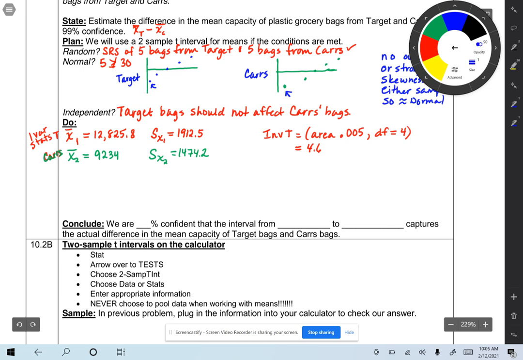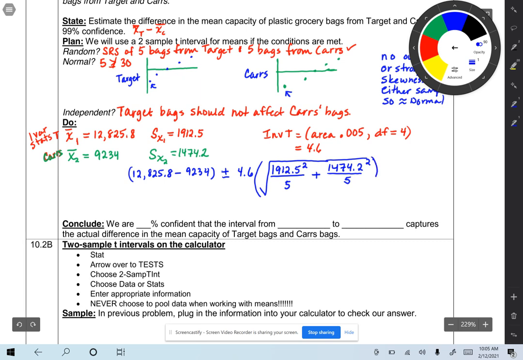Right, now we are ready to go ahead and put all of our numbers into our formula. So we have at this point 12,825.8 minus 9,234 plus or minus T star times the standard error. So we have 1912.5 squared over 5 plus the standard deviation of the second, which is 1474.2 squared divided by 5.